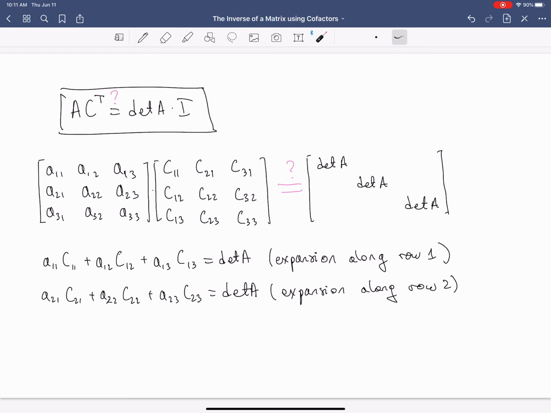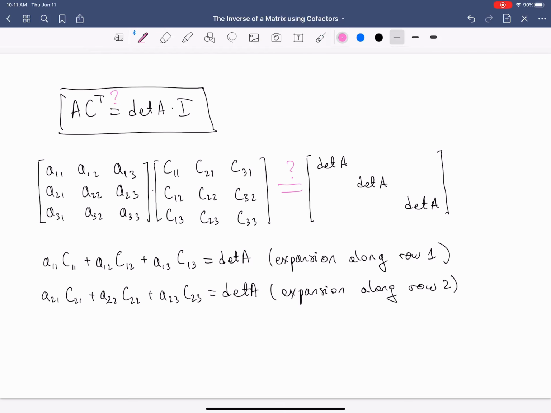The question here is, why is it that if I take, say, the first row with the second column, so first row times second column would be this term. Why is that term equal to 0? So why is it that when I take one row but the cofactors of another row, I get a 0?